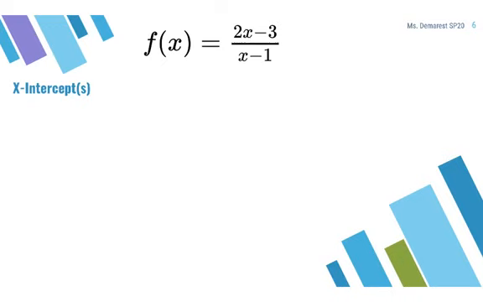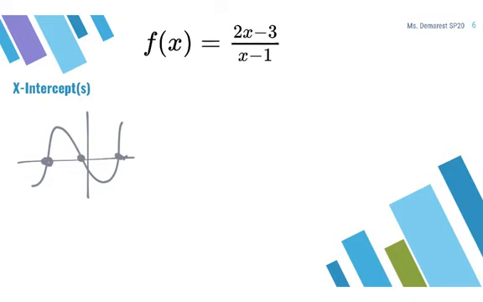All right, then we can find our x-intercepts. Now, we know x-intercepts, it's where the function crosses the x-axis, and you can have multiple. You can have 1, none, 5, 10, whatever. You can have as many factors as there are in the numerator is how many x-intercepts you're going to have, right?